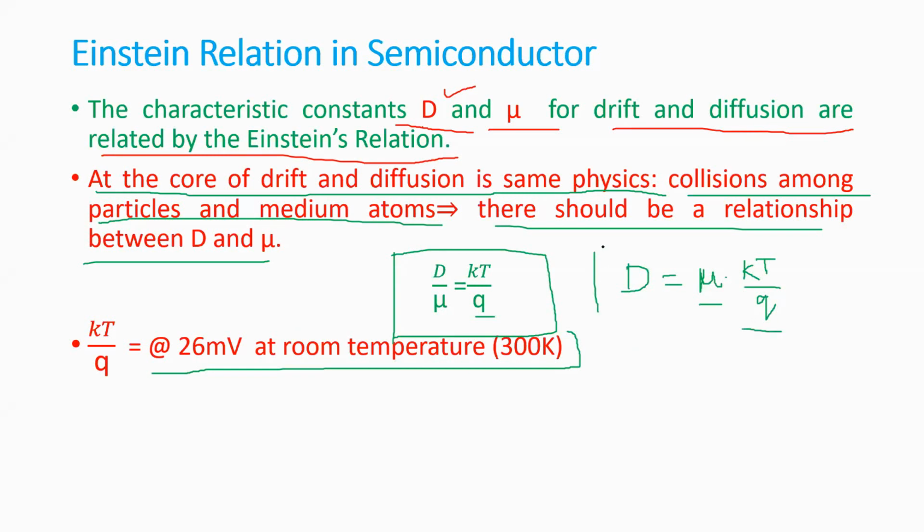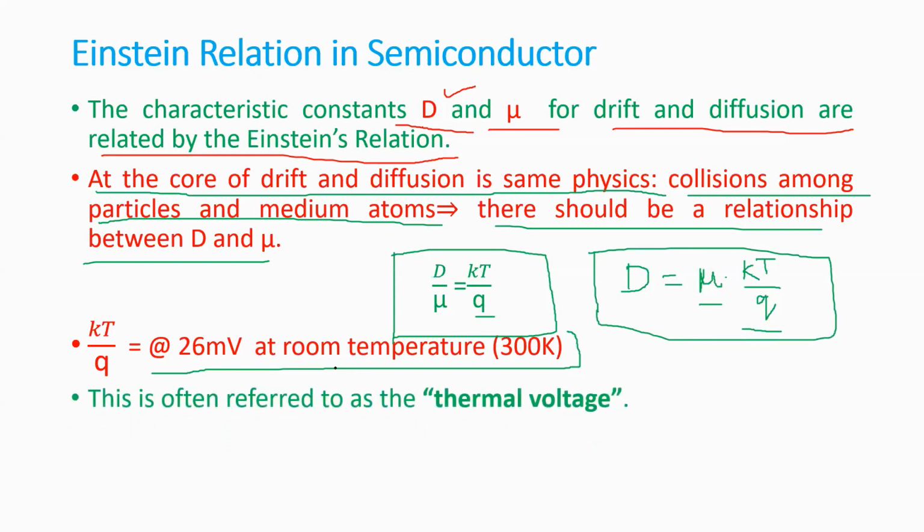So from there you will get the value of the diffusion constant, and you can substitute it in the equation. Otherwise, in most cases, this value is given to you. This particular factor kT by Q is sometimes referred to as thermal voltage. So I hope this criteria regarding drift and diffusion is clear to you. If you have any doubt, you can ask me.